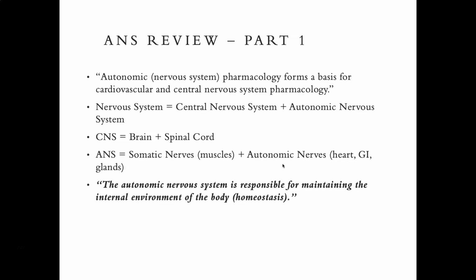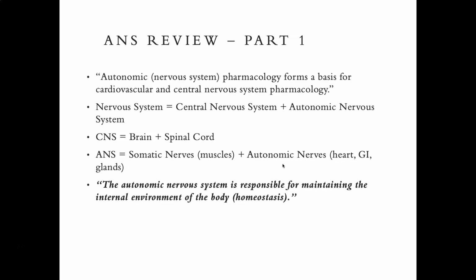The autonomic nervous system, the ANS, is made up of somatic nerves that influence, shall we say, the muscles, and autonomic nerves that influence the heart, the GI tract, glands, and it is this autonomic nervous system that is responsible for maintaining the internal environment of the body, which is known as homeostasis.